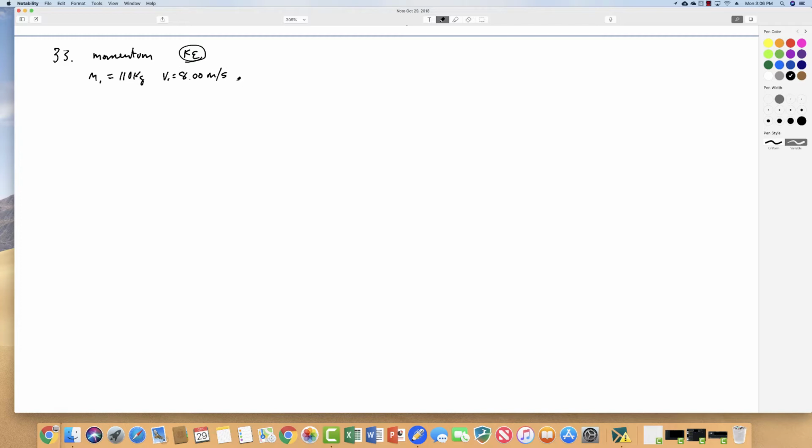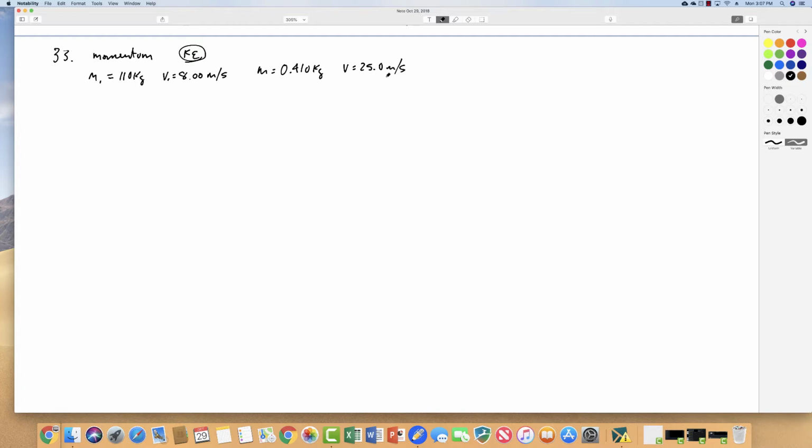And the ball has a mass of 0.410 kilograms, and its velocity was 25.0 meters per second. Now, the first part of this problem, it tells you to assume that both are traveling in the same direction. So it says, calculate the final velocity if the ball and the player are going in the same direction.